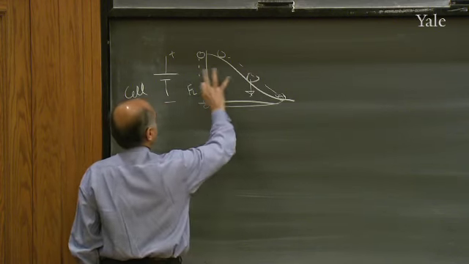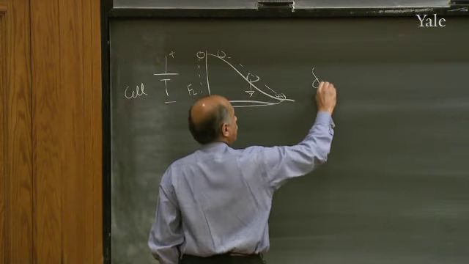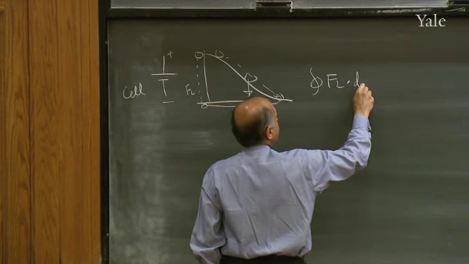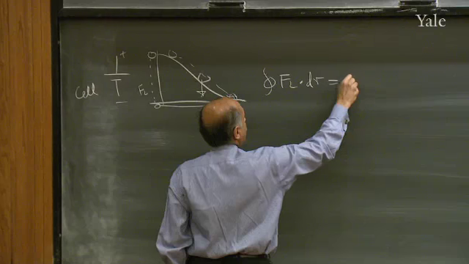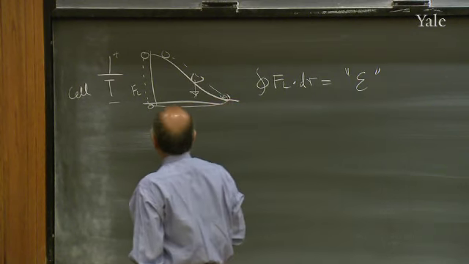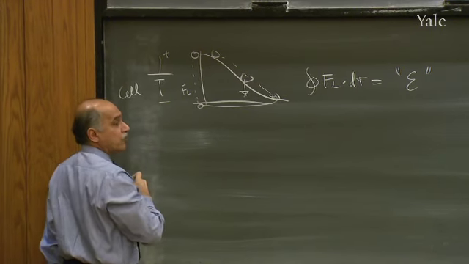The force of the lift has nothing to do with gravity. It's driven by some other engines and so on. And we define the force of the lift on the closed loop to be something called curly E. And that's a mechanical analog of what's called electromotive force.